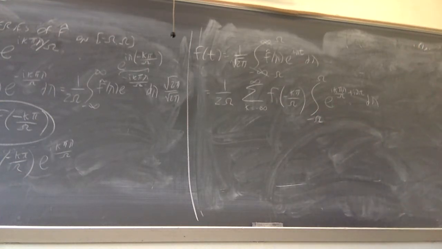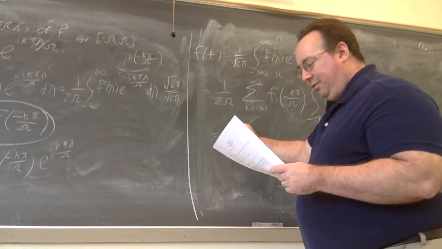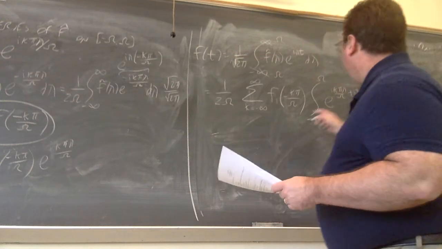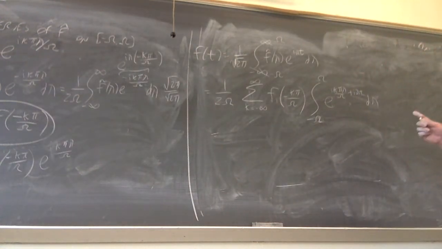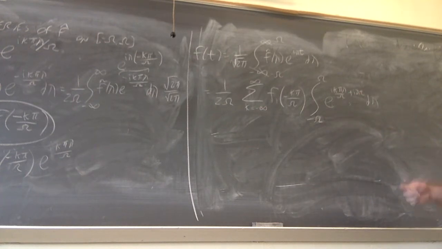Now, this integral, I can actually evaluate. I'm not going to go through all the Cal 2 here, but first of all, I can write this as cosine plus I sine.